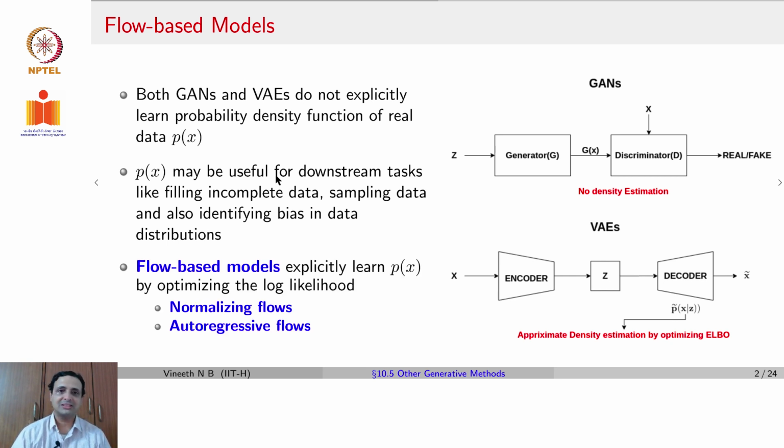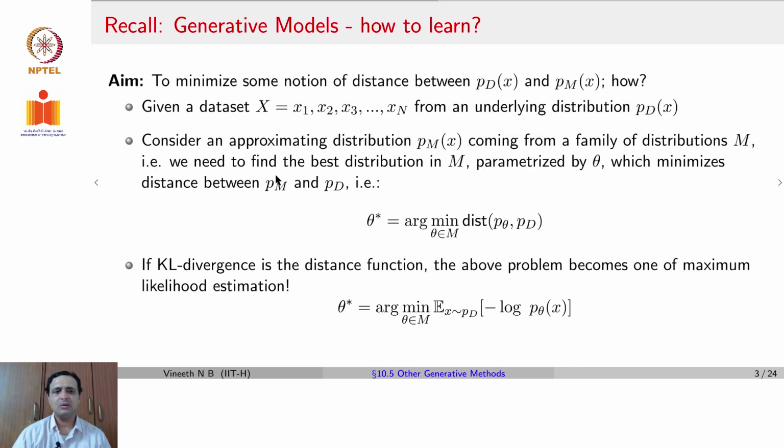So the kind of methods that we will discuss in this lecture are methods that estimate the real density of the provided training data. Broadly speaking, these can be categorized into two different kinds: normalizing flows and autoregressive methods, or autoregressive flows. Let's start with normalizing flows.